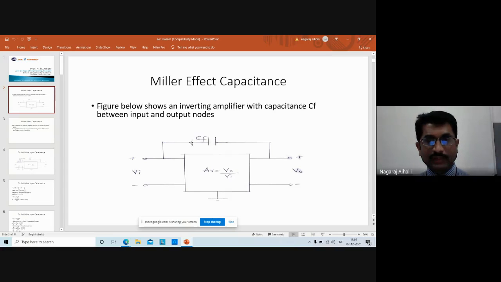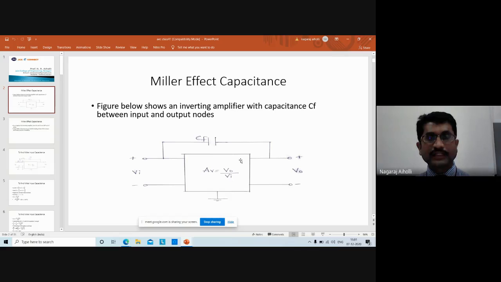We are finding the equation for Miller's input capacitance and Miller's output capacitance. CF is the feedback capacitance, the unwanted or parasitic capacitance present between the input and the output nodes. Here we are first considering the inverting amplifier. For the inverting amplifier, the gain is negative.